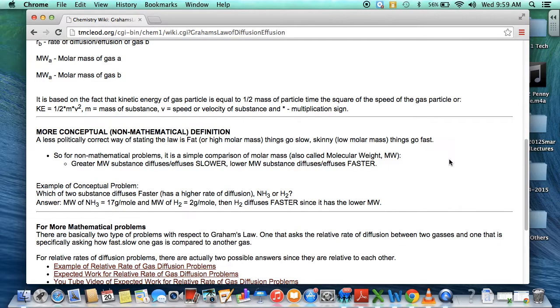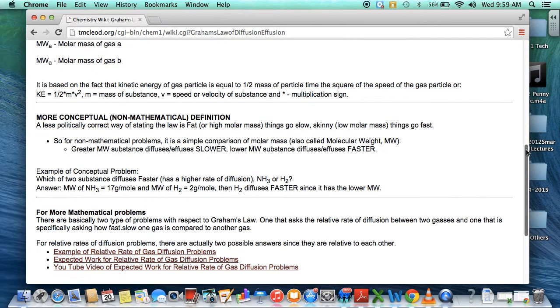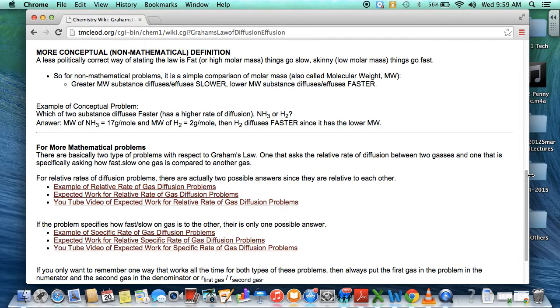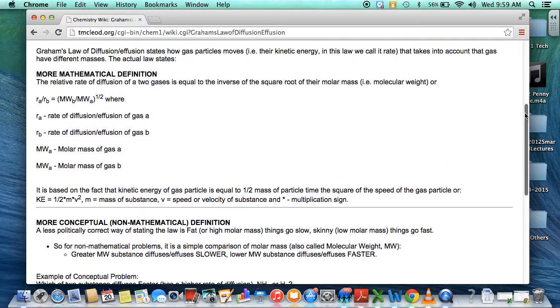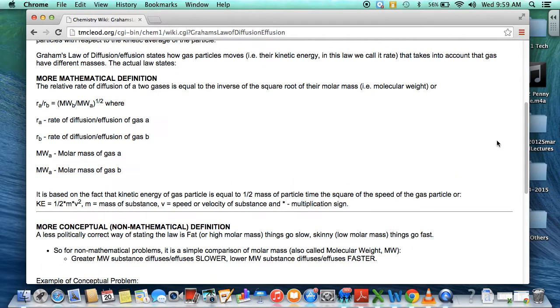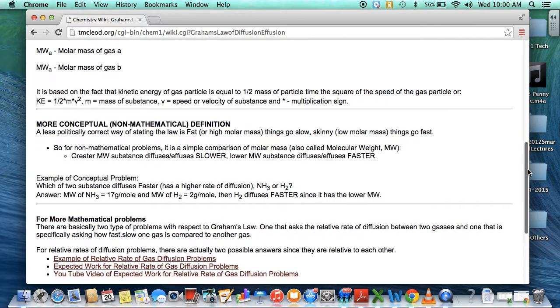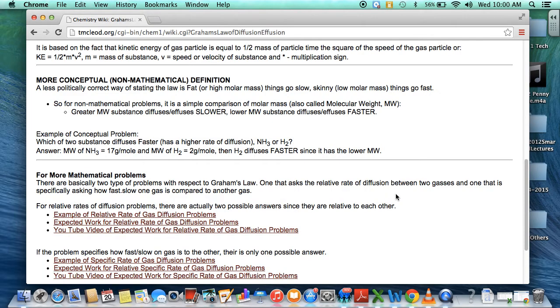Okay. For more mathematical problems where they're actually asking you to use the mathematical definition, the relative rates of diffusion with the square roots of the inverted molar masses, there are actually two different types.